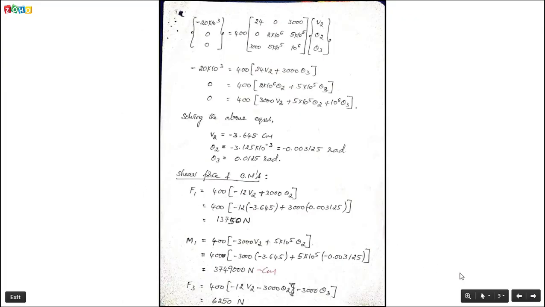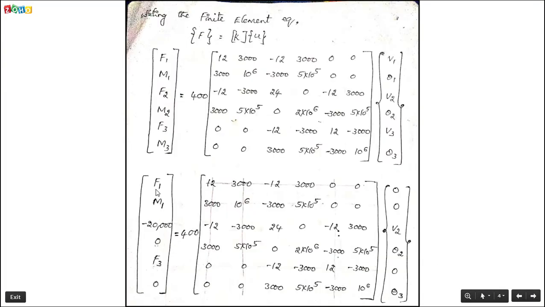So this is F1. To find the F1 value, the shear force, you have to multiply this row matrix and column matrix.